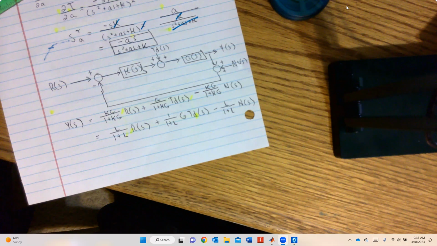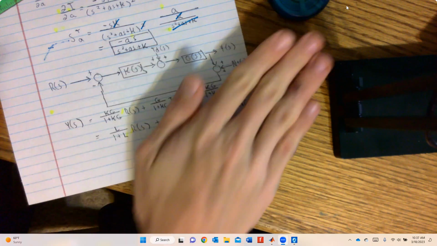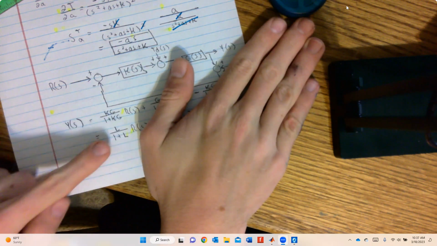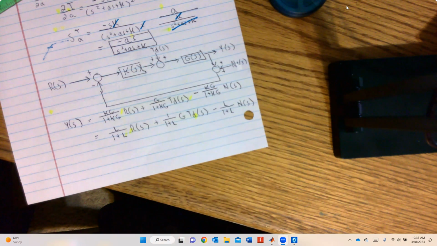And so what we're going to notice here is if you want to find the output over the input when the other two are equal to 0, so if these are 0 here and you just do the output divided by input, you get L over 1 plus L, right? So that's basically your T, which represents your transfer function.